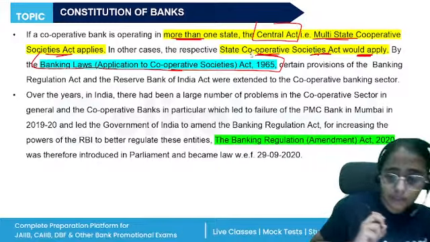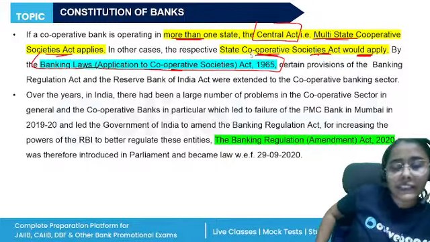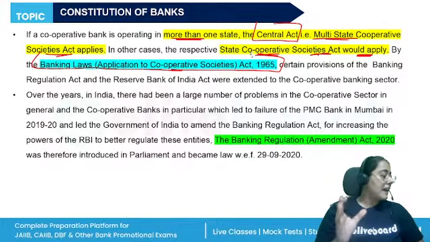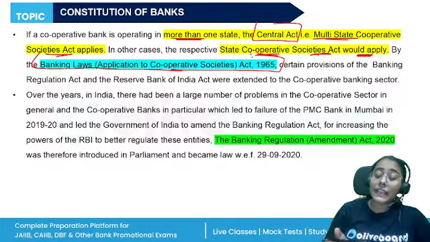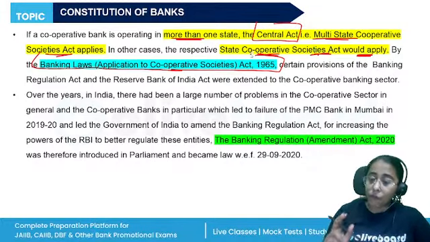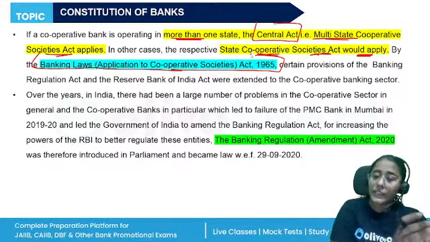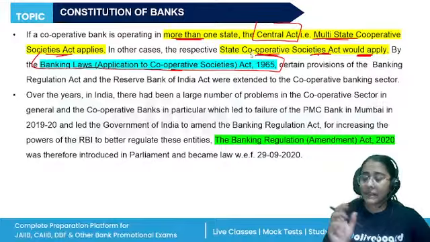If you remember, in the year 1949, when the Banking Regulation Act was enacted, the original name was Banking Companies Act, not Banking Regulation Act. Why? Because the act originally covered only the banking companies. Then in the 1960s, an amendment was made.